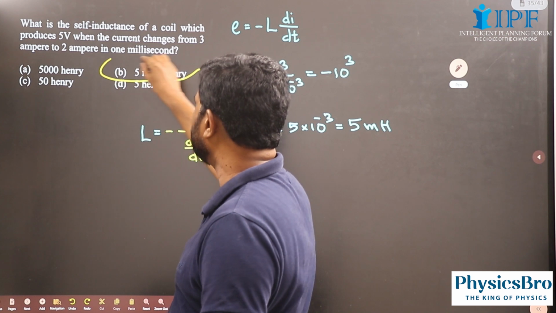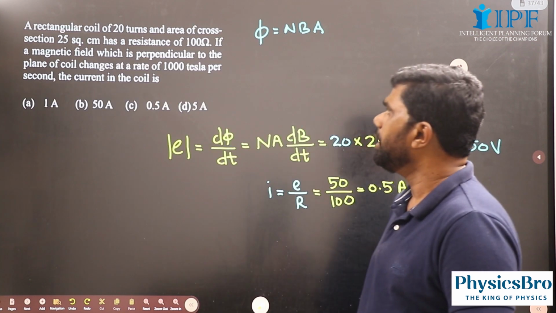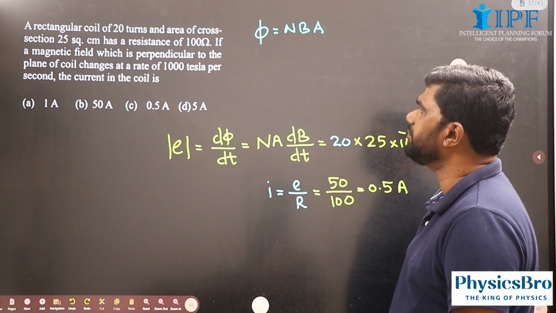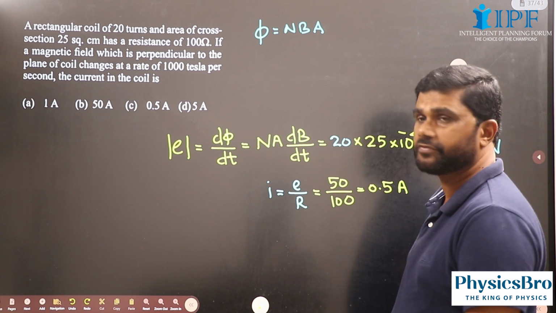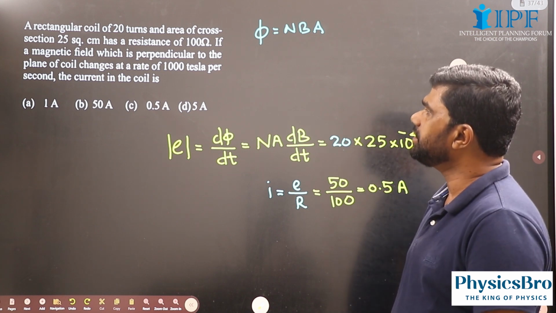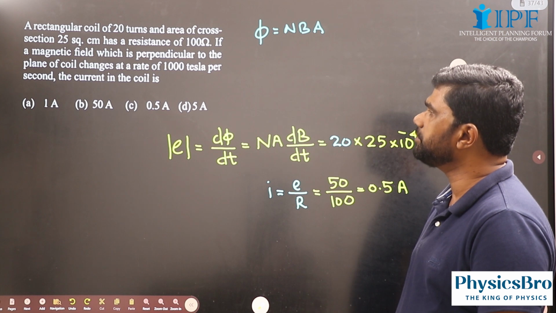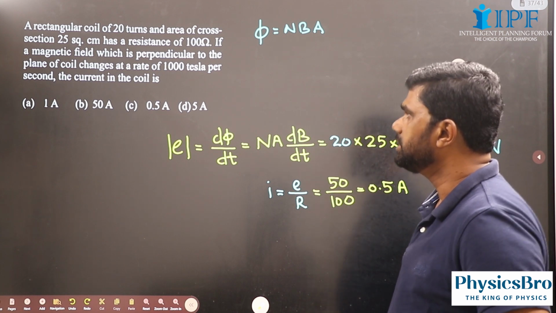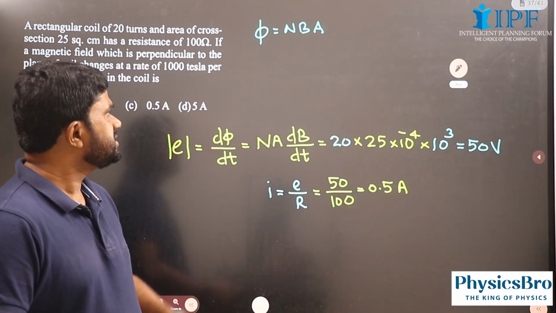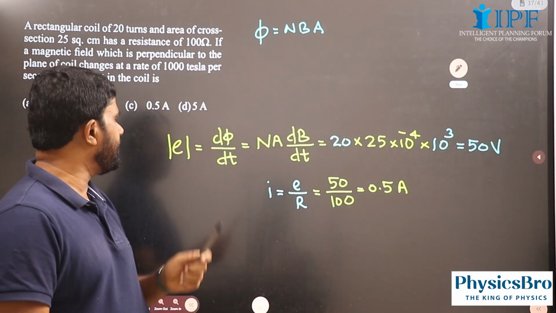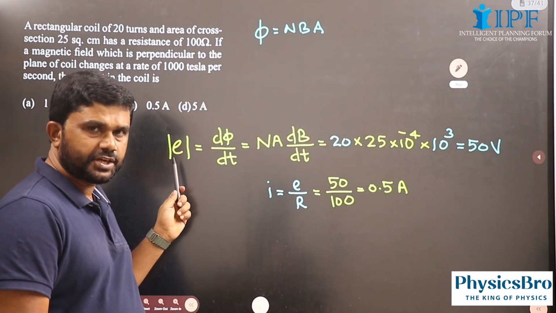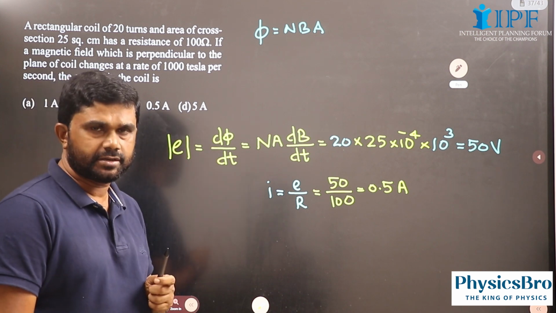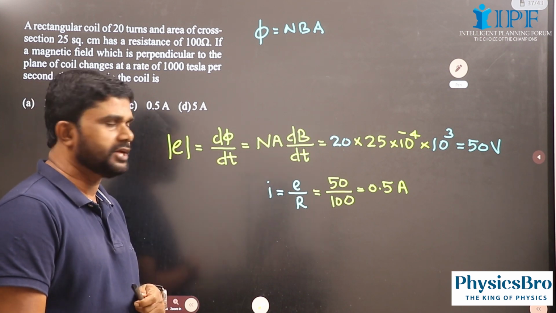Now a rectangular coil of 20 turns and area of cross section 25 square centimeter has a resistance of 100 ohm. If a magnetic field which is perpendicular to the plane of the coil changes at the rate of 1000 Tesla per second, the current in the coil is? See, flux is NBA, and magnitude of the induced EMF is d phi by dt. N and A are constant, so NA into dB by dt.